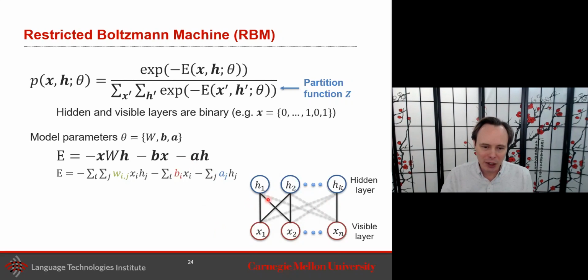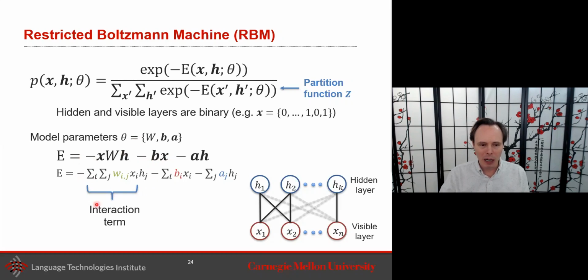So if the weight is very high between X1 and H1, and suddenly this one is 0 and this one is 1, this is not something I want to see. This is not compatible. This is not a high potential. But if the weight is really low, then maybe I don't mind that these are different. That's what this is going to do. And then there will be bias terms.